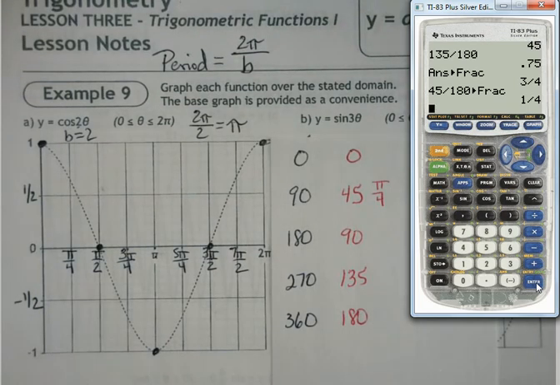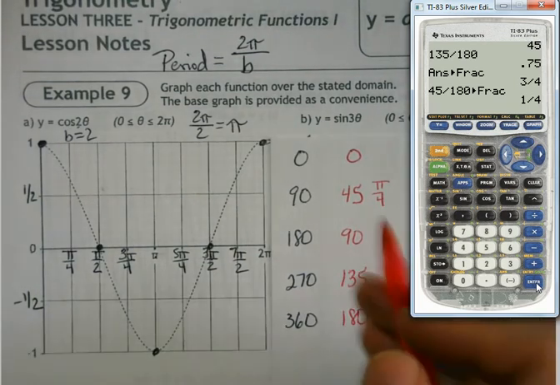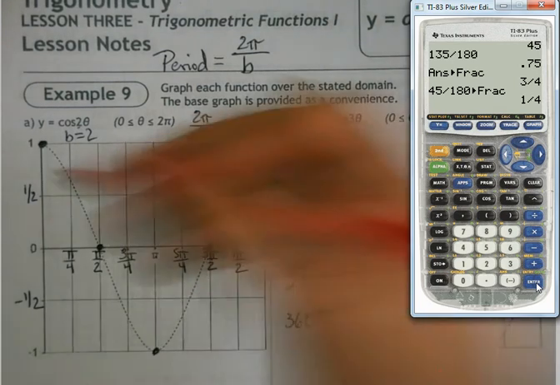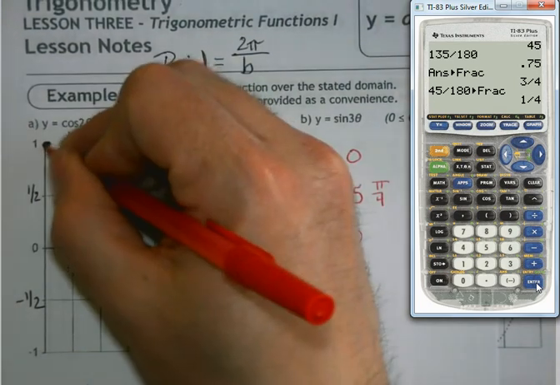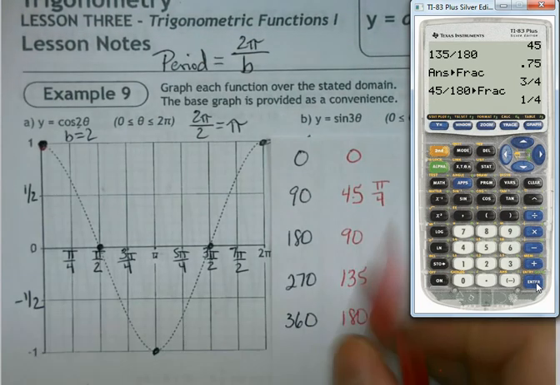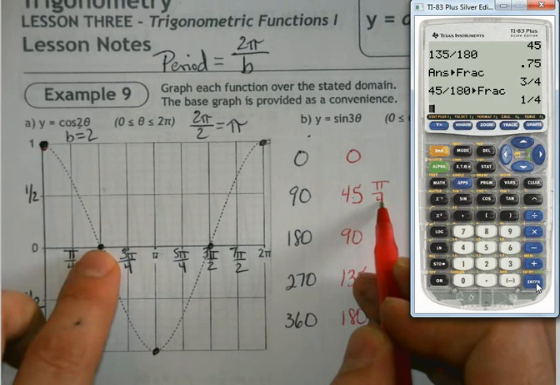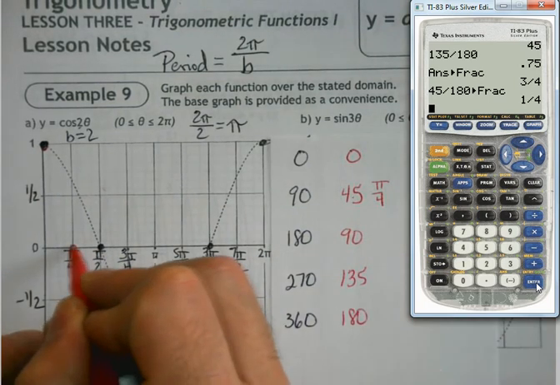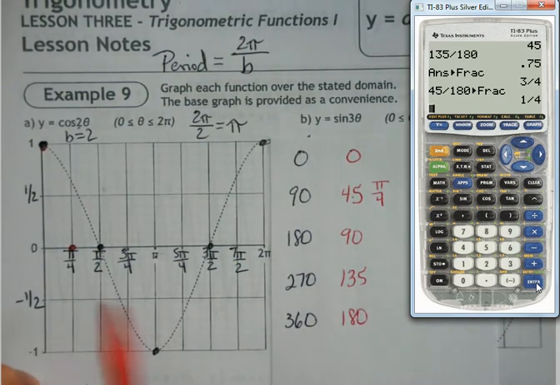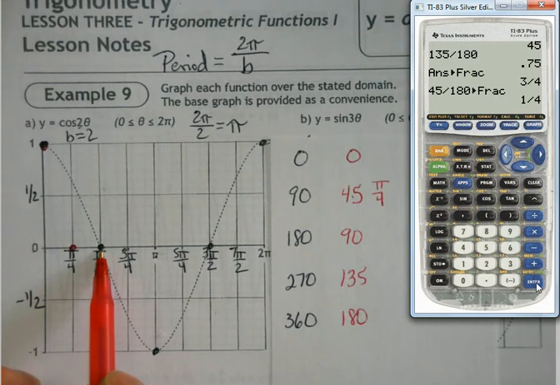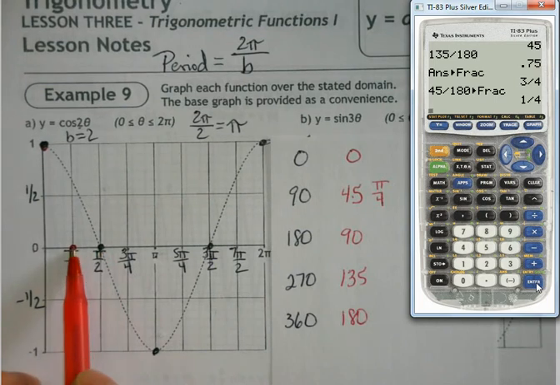So now my 0 will still be at 0. Okay, that didn't move. My pi over 4 now, though, is going to be where this value used to be. So before, 90 degrees is where this first one was. Well, now it's at 45.